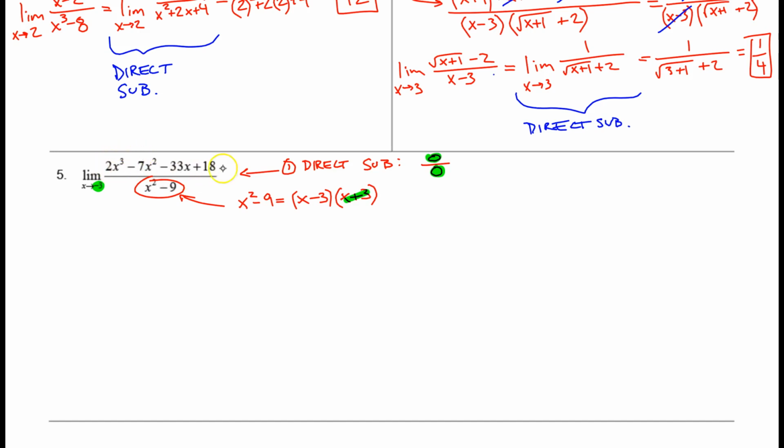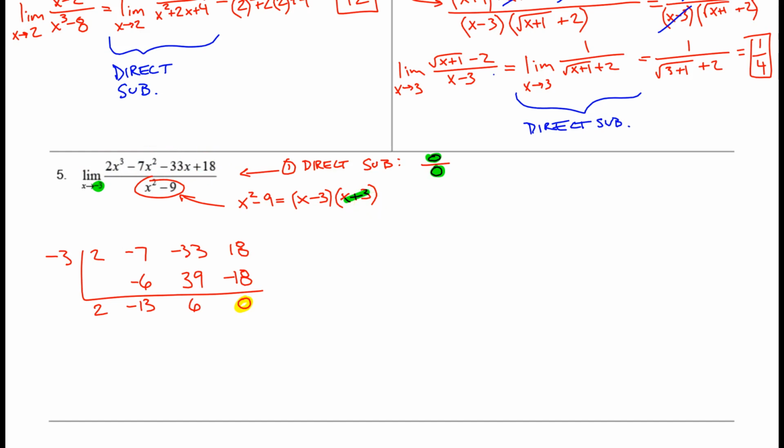When I divide a cubic by a linear term, x plus 3, I end up with a quadratic. So let's see how that works. Okay, so this 0 right here means that we have a remainder of 0 when we divide out the numerator by the factor x plus 3.